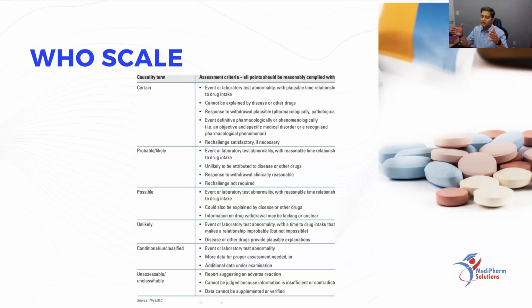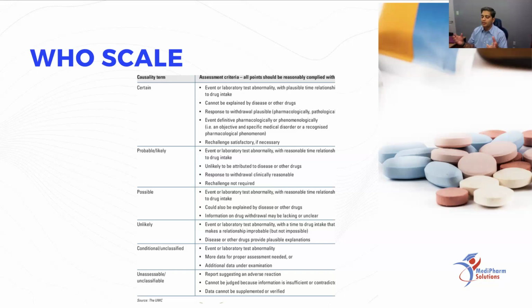So any adverse event that happens in this half-life of the drug, when the drug stays in the body, is plausibly related, because the drug is in the body and the body has experienced an adverse event during the same time. So there is a time relationship with the drug. Let us say, for example, your drug stays in the human system for 24 hours.